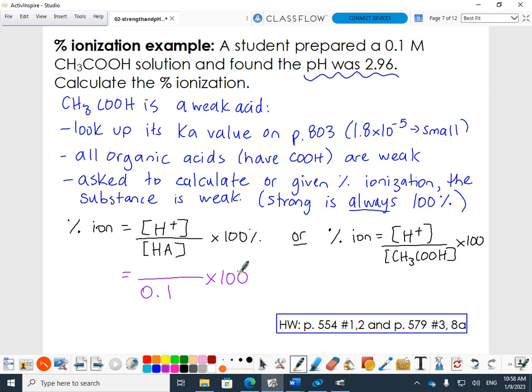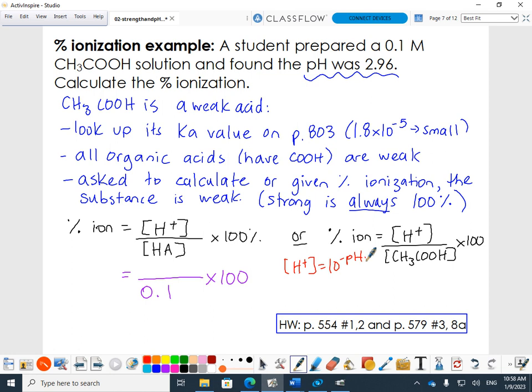And then we have to use the pH to find the H+. So again, another formula that's on the formula sheet is the inverse log. In fact, after tomorrow's lesson, you'll see every time we have pH, you're going to do this.